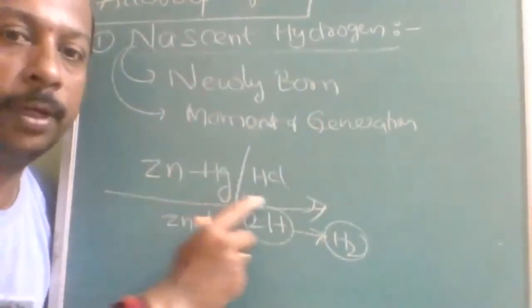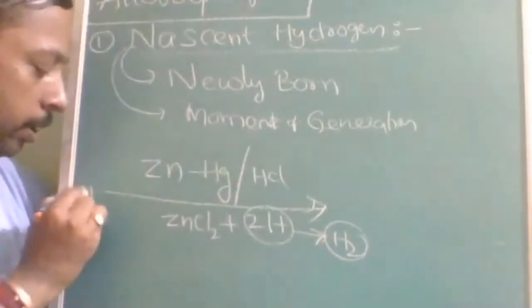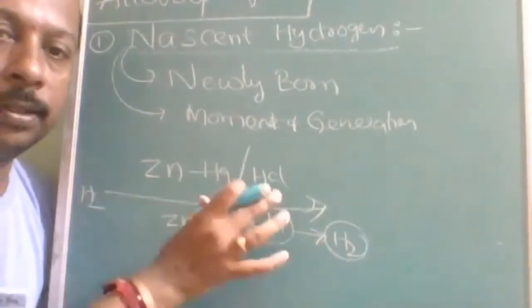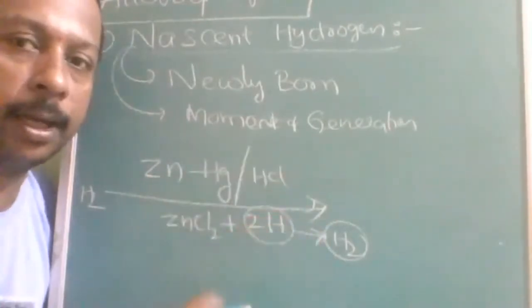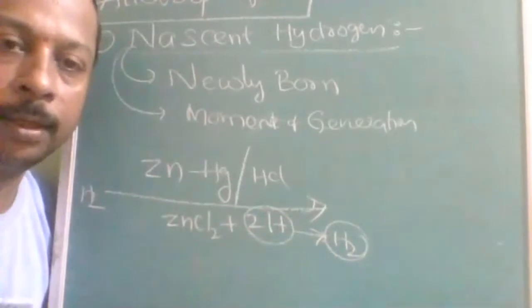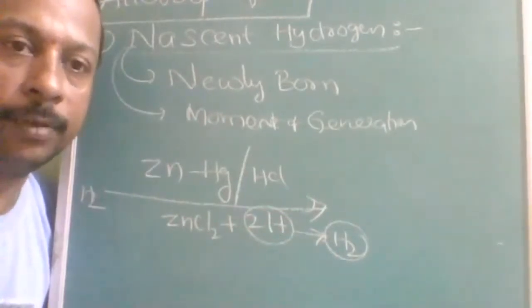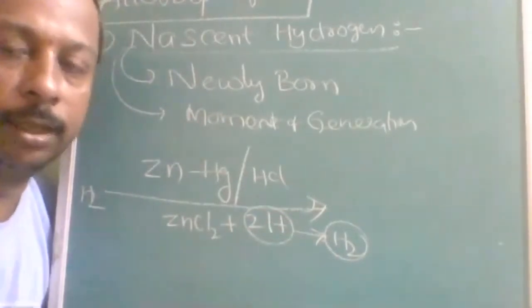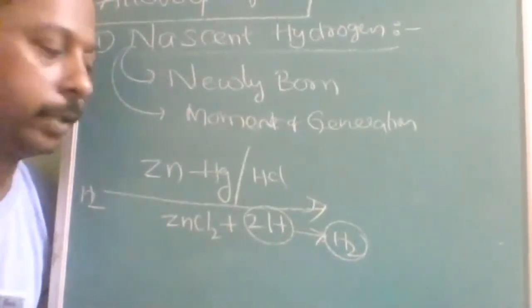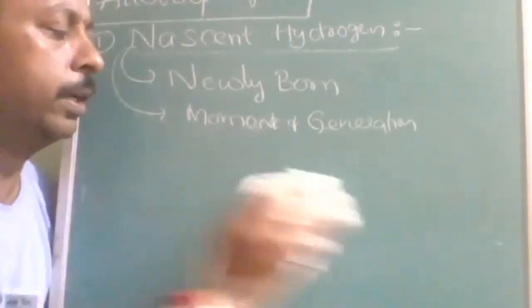So we will not write H2 here because we are not using it as H2. As soon as it is generated, we put it into the reaction. Instead of losing its activity, the high energy it possesses during generation must be immediately used in the reaction. Therefore, it is written like this.